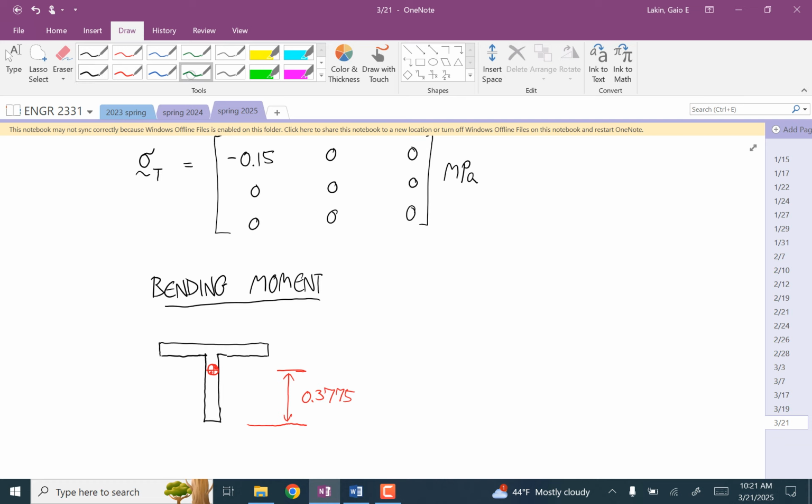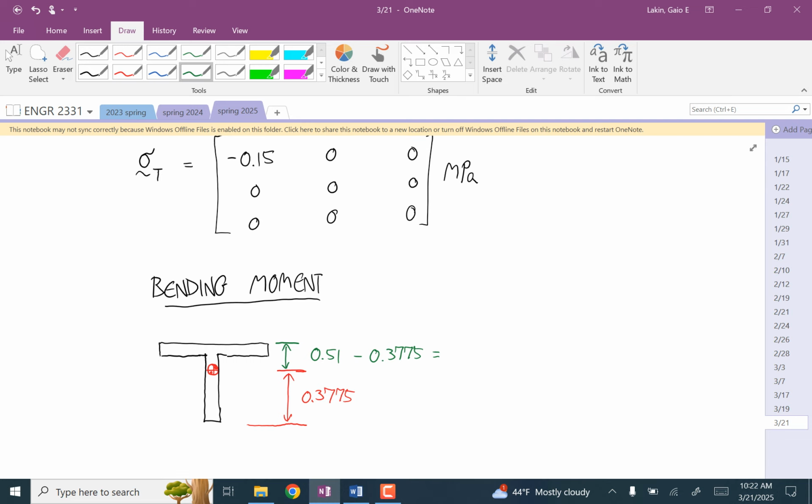And so the distance from the top, the whole thing is 0.51. So this is going to be 0.51 minus 0.3775. And is that what you said before? Should be 1.325.